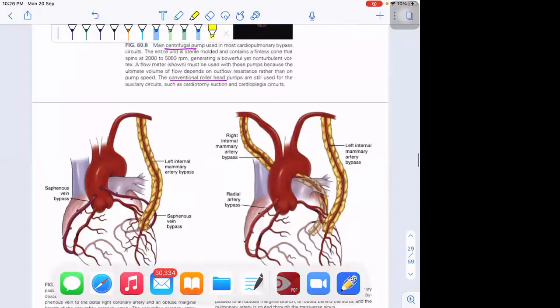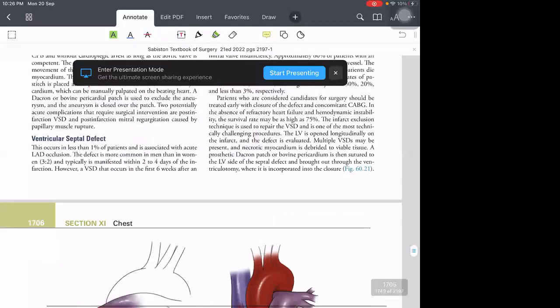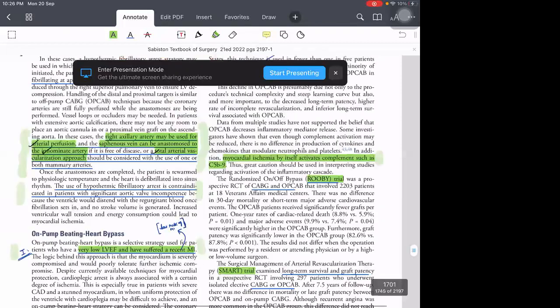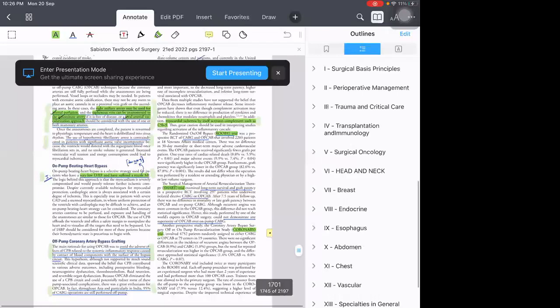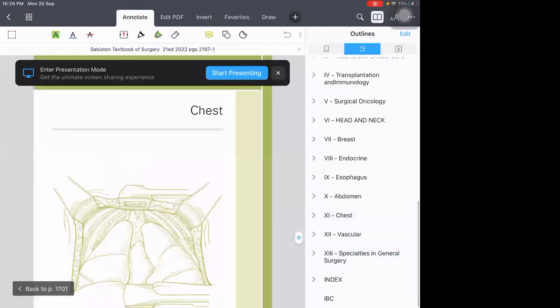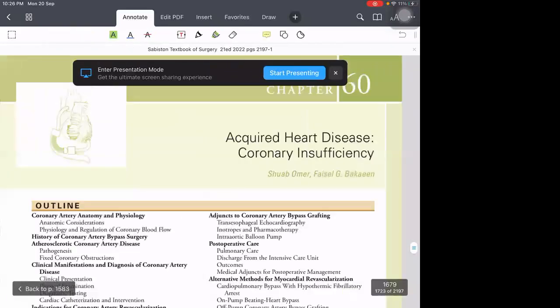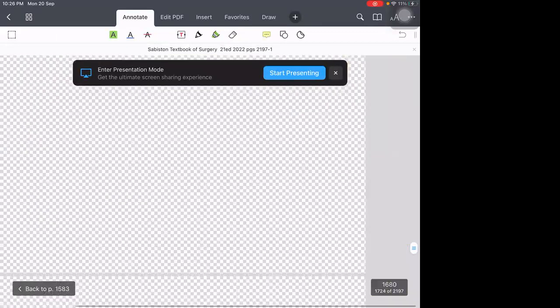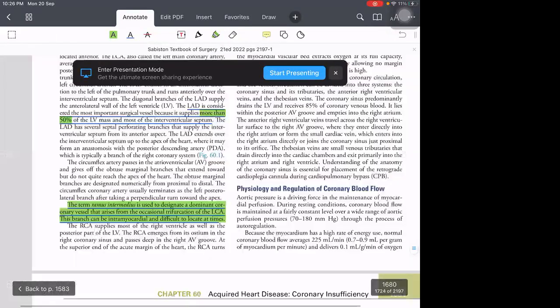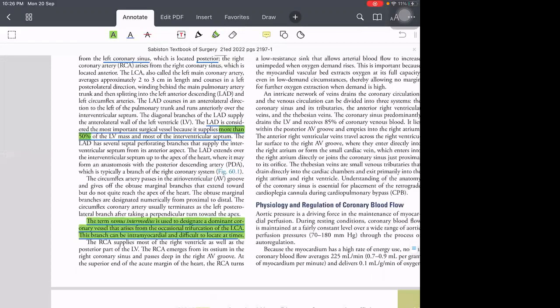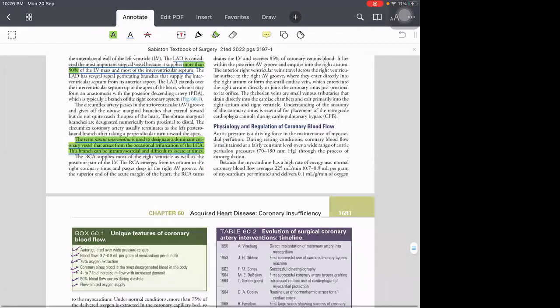Then I will go to the book. Just mark your book.